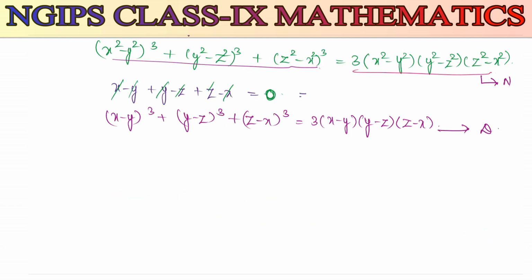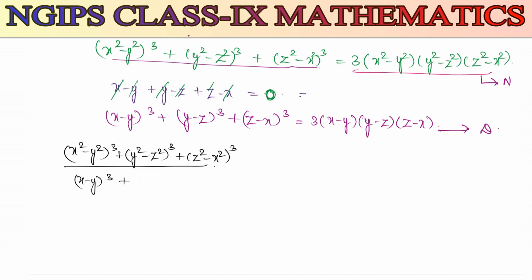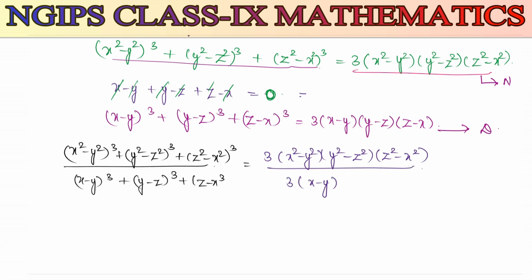Okay, we need to simplify this value, right? (x² − y²)³ + (y² − z²)³ + (z² − x²)³ divided by (x − y)³ + (y − z)³ + (z − x)³ is equal to, on the right-hand side, 3(x² − y²)(y² − z²)(z² − x²) divided by 3(x − y)(y − z)(z − x).